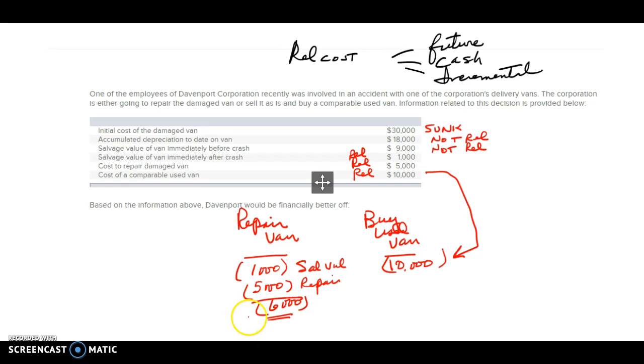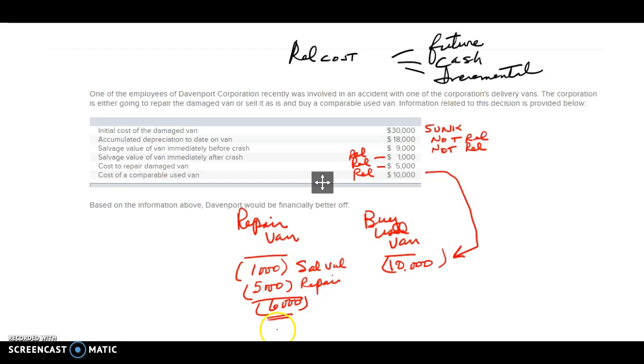Okay, so just to wrap this one up here, we have the salvage value after the crash. So we could sell it for that. The cost of repair, that would be an outflow of $5,000. And so if we keep it, it becomes a cost, the salvage value, and then the repair would be $5,000.